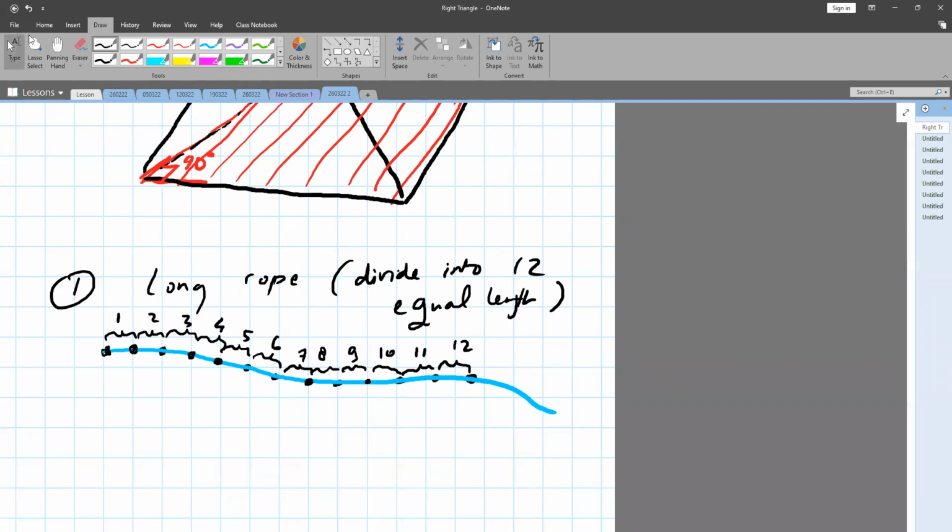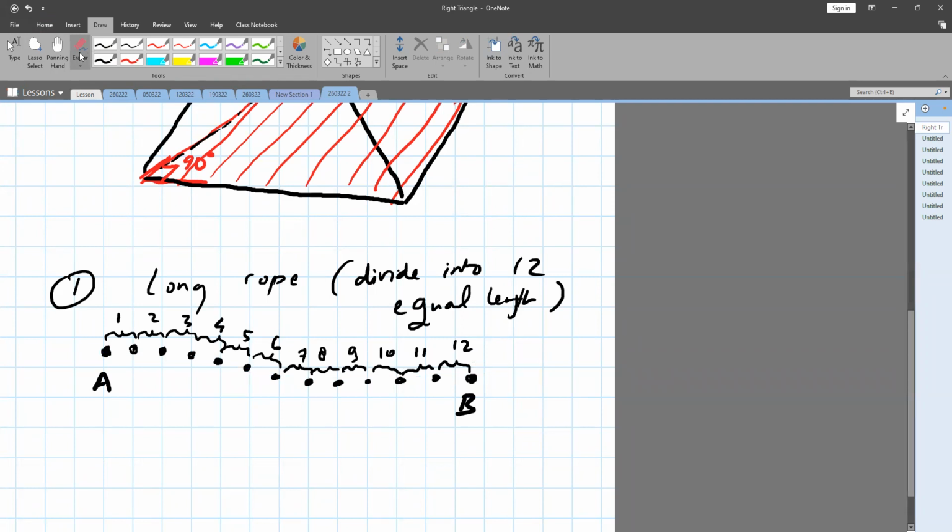So let's say this is the starting point. Let me just call it A. And then this is the final point. Let me just call it B. Now you try to connect those points and make a right triangle from it.